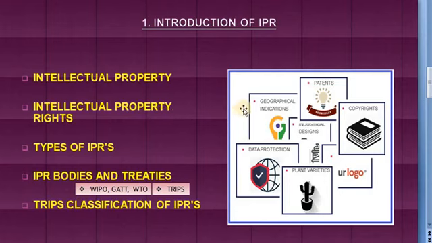The intellectual property rights are provided to inventors in terms of patents, trademarks, copyrights, industrial designs or geographical indications related to his or her area of production. Now another question comes to our mind is, what are various types of intellectual property rights? There are basically four types, that is patents, trademarks, copyrights and trade secrets.